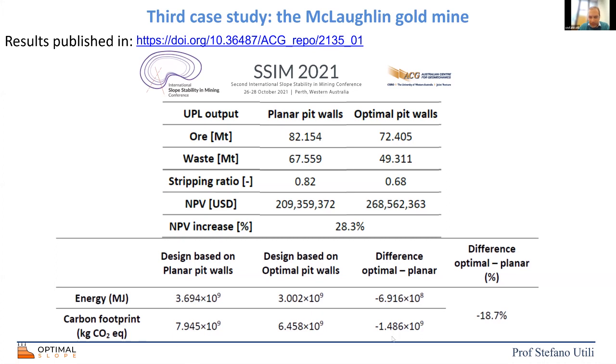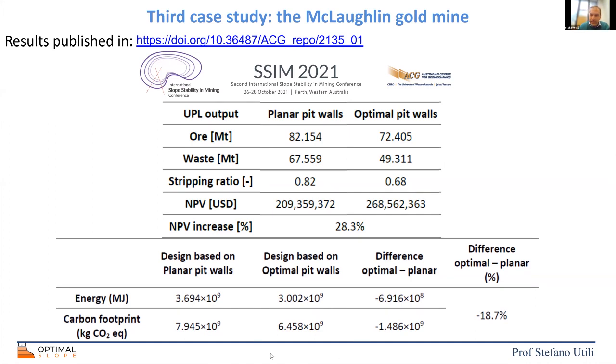So here we have that the adoption of optimal slopes allows us to save around 19% of the carbon footprint. How did we do this calculation? Basically, we calculated the carbon footprint associated with all the main operations, so drill and blast and haulage, all the main mining and transportation operations.